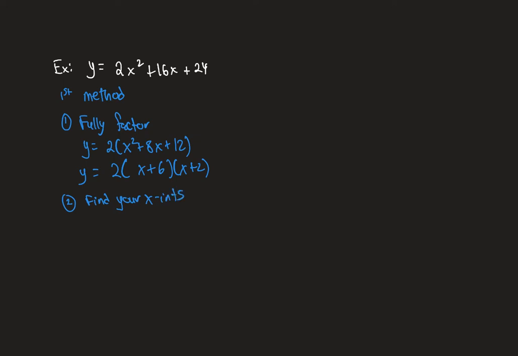We already know from doing this before that my x-intercepts should be -6 and -2. Here is where the new starts. You're going to take the average of your x-intercepts.